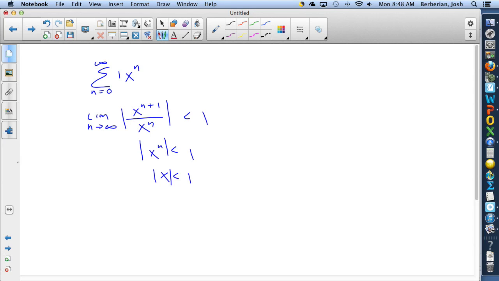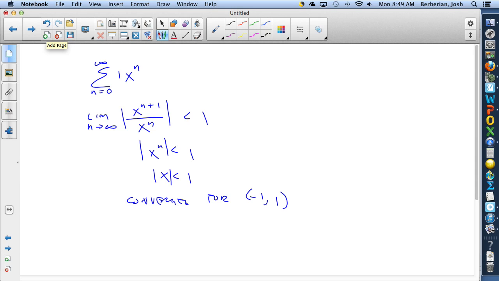So in this example, now we would say, hey, I know at the very least that this power series converges for negative 1 to 1. That is an interval, not a coordinate.